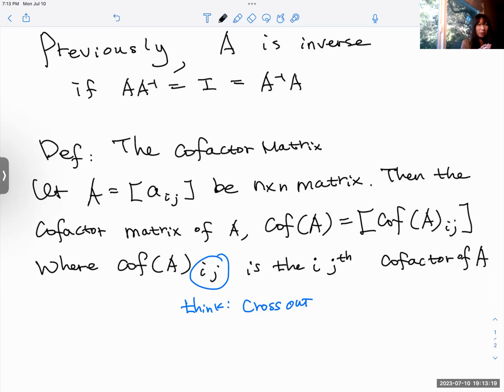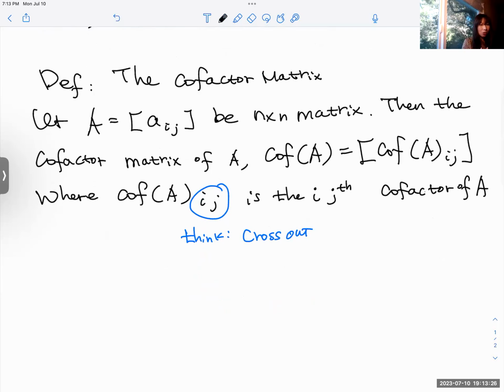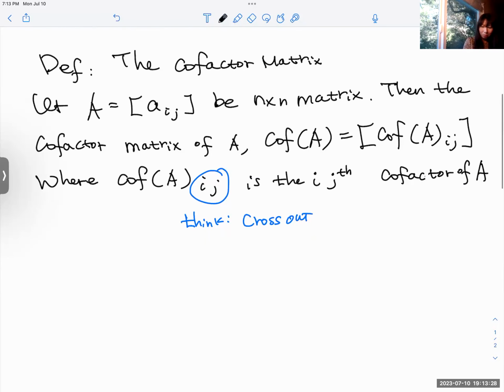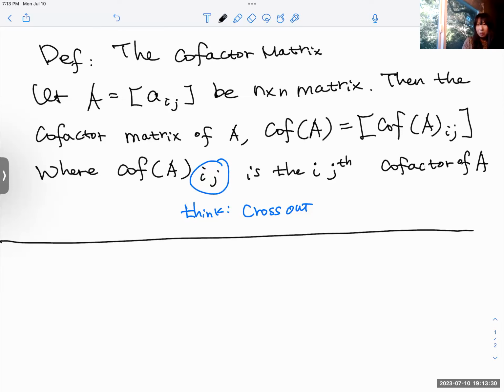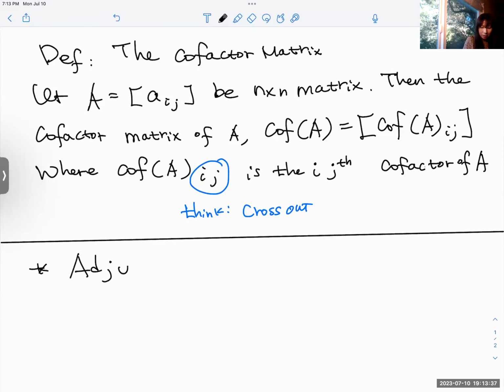Okay, now we have another vocabulary which is adjugate. Other books indicate that as adjoint.